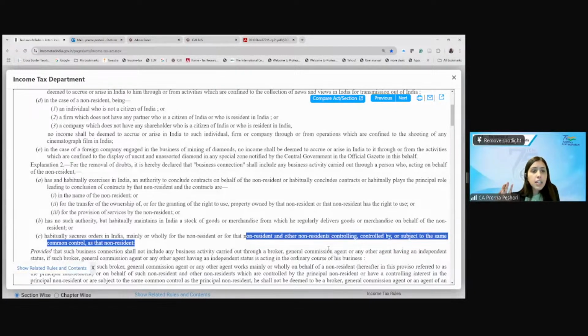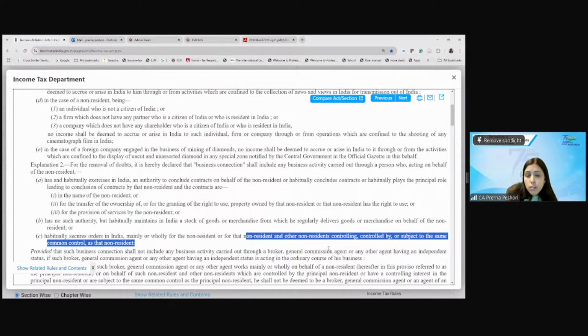So basically, mainly or wholly means what? Substantially for one non-resident. And the judiciary has said that it should be more than 90%. Mainly or wholly denotes more than 90% of my income is arising with respect to one non-resident for whom I am securing the order.